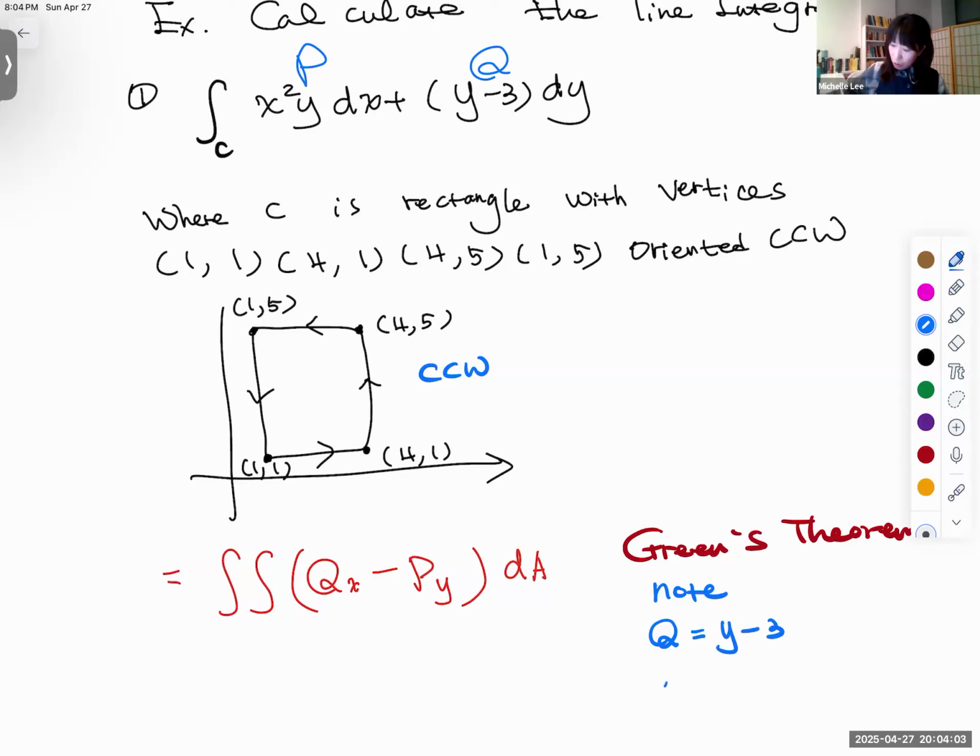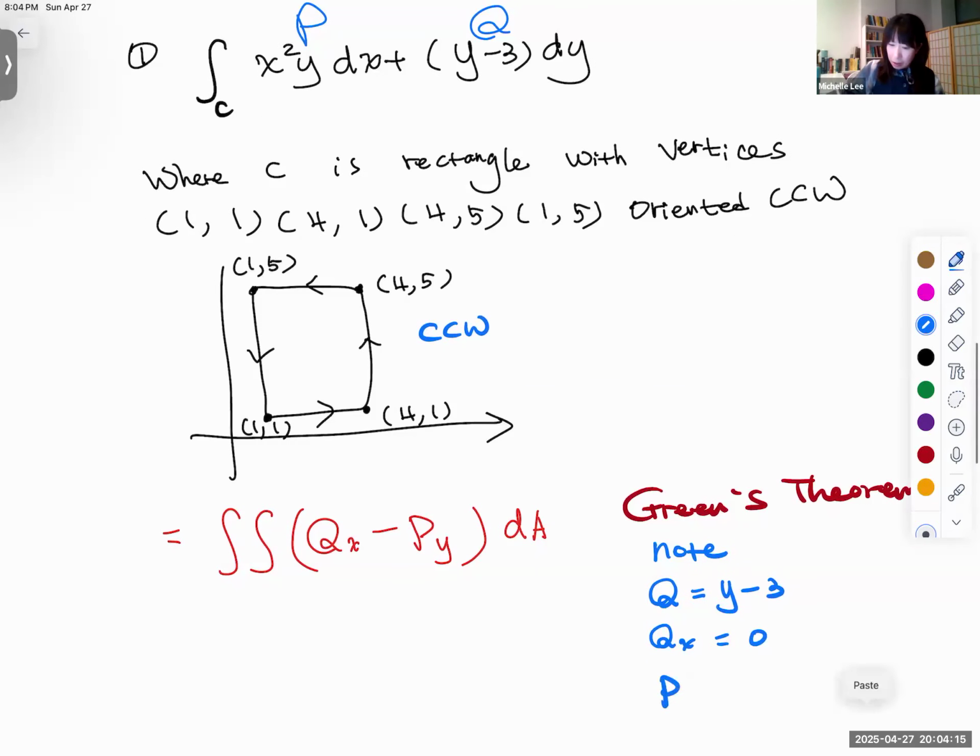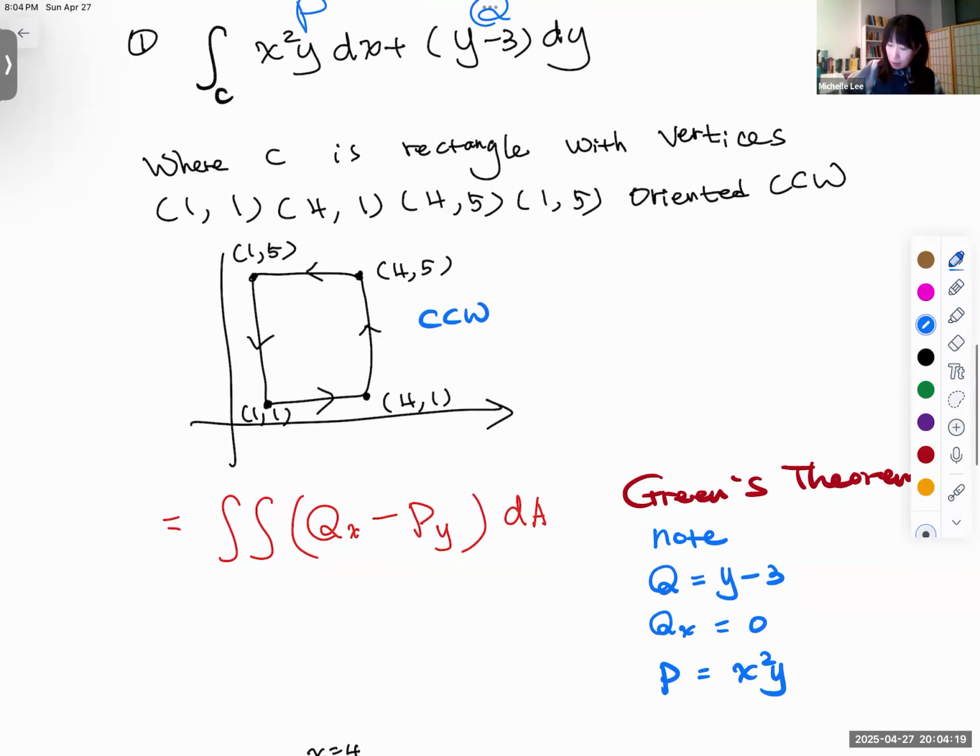Taking the derivative with respect to x, we get 0. What about P? We have P equal to x squared y. Now we take the derivative with respect to y, so x is a constant. We keep x squared, times 1.